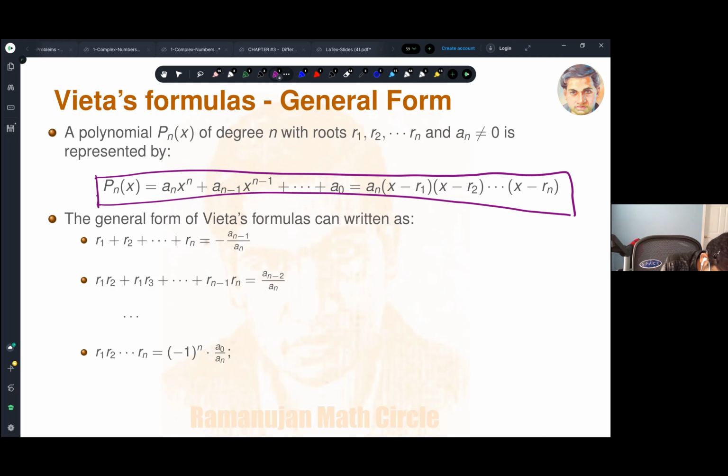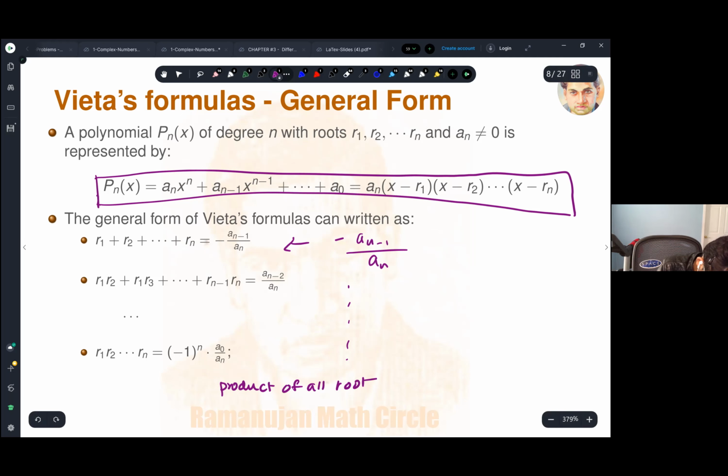The general form for Vieta's is that the sum of the roots is equal to the negative of the second coefficient divided by the first coefficient, and then so on and so forth. It just keeps going. And for the end, the product of all roots is negative 1 to the power n times a0 over an.